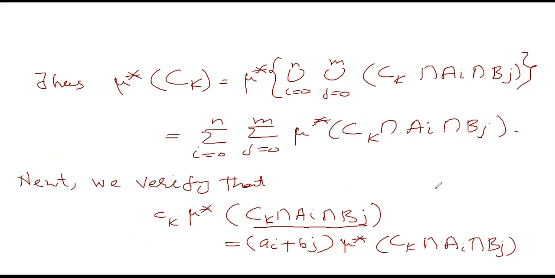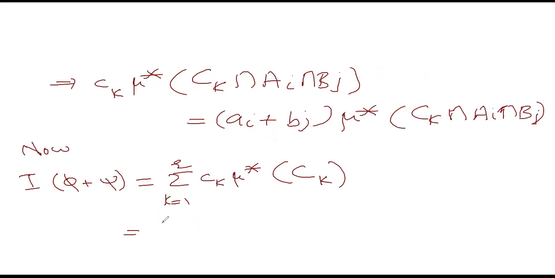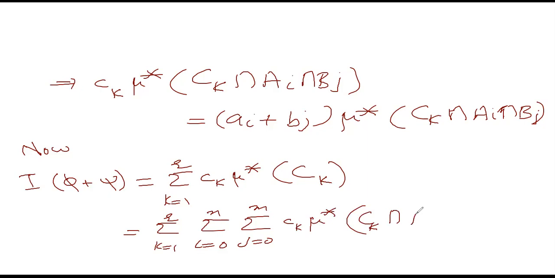Applying this expression, it is equal to the summation k runs from 1 to r of ck times the double sum, i runs from 0 to n and j runs from 0 to m, of mu star of ck intersection ai intersection bj.